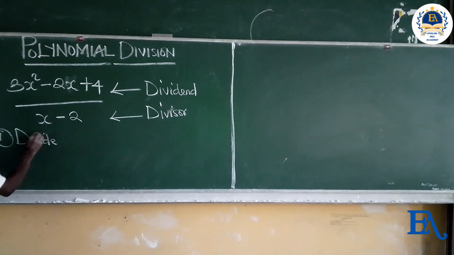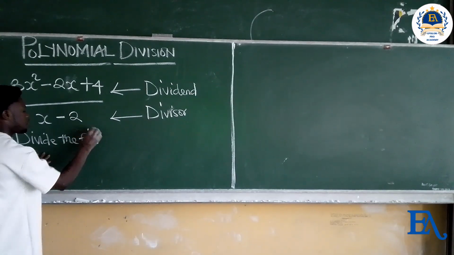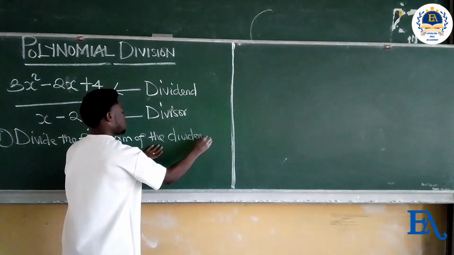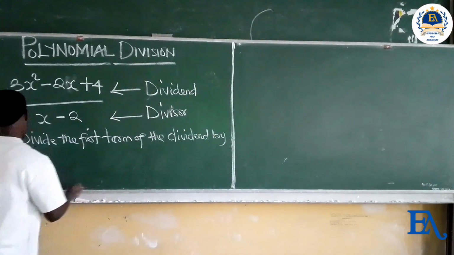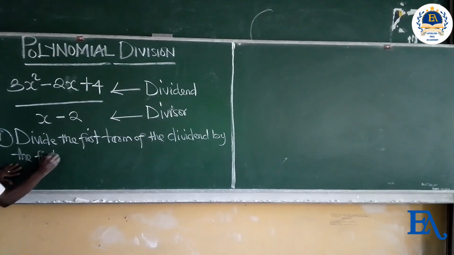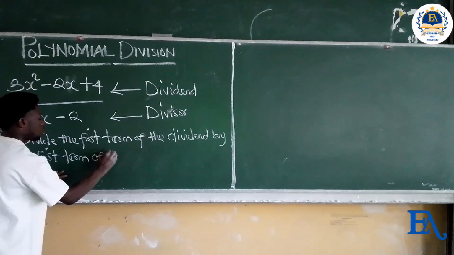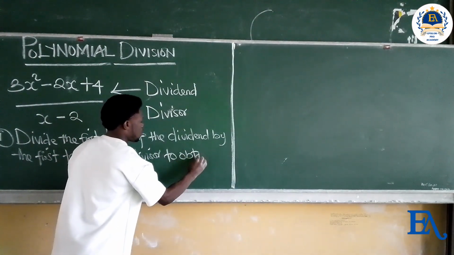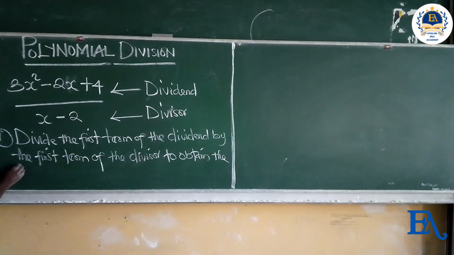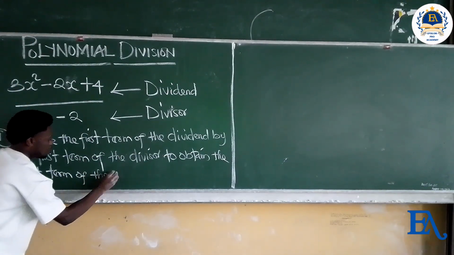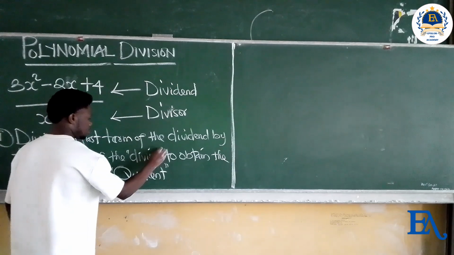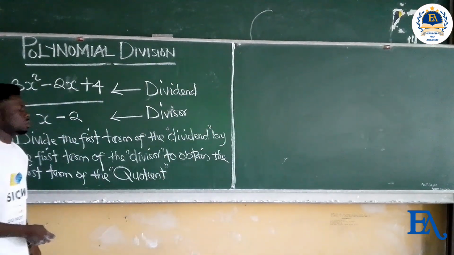Divide the first term of the dividend by the first term of the divisor to obtain the first term of the quotient.